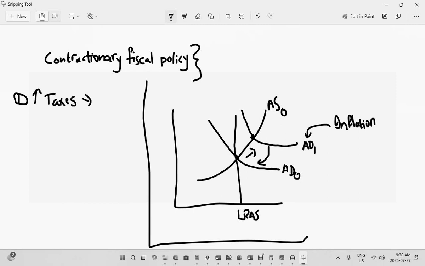In short, your personal consumption will go down because of an increase in taxes, and business capital investment, such as investment on land, equipment, buildings, and so on, will go down because obviously the cost of production goes up with an increase in taxes.